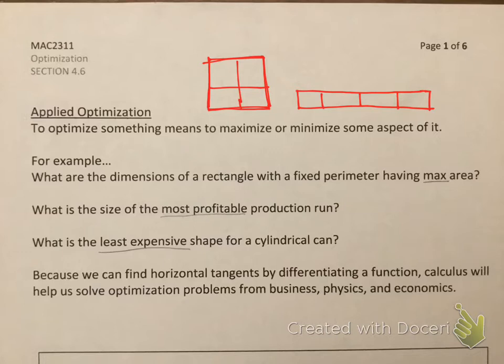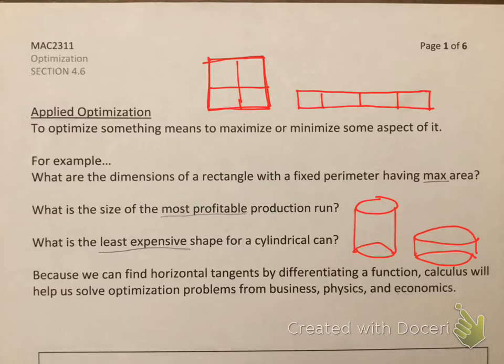What's the size of the most profitable production run? We're going to talk about that. That's a business application. What's the least expensive shape for a cylindrical can? So in other words, do you make it tall and skinny, or do you make it short and fat, keeping the same amount of volume?